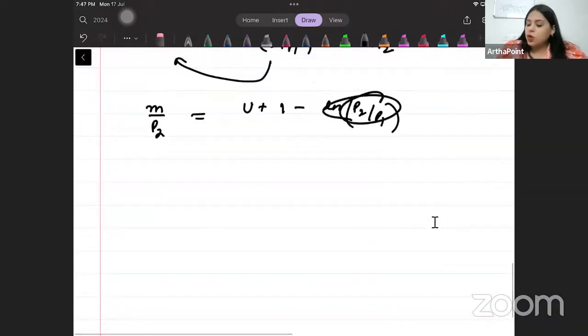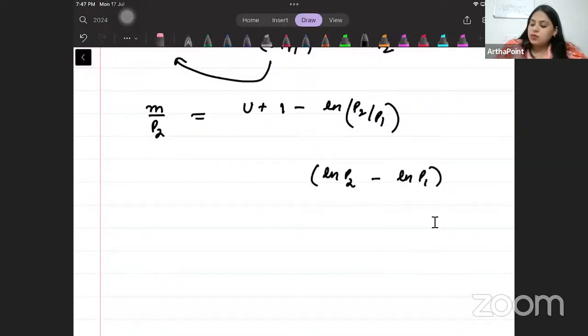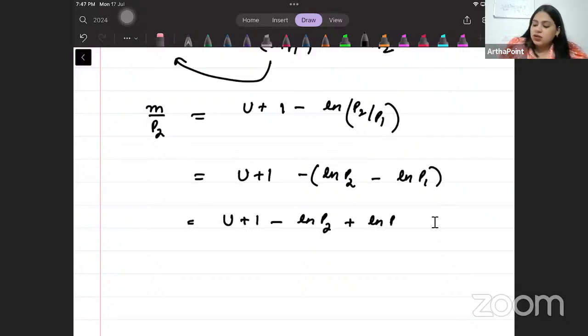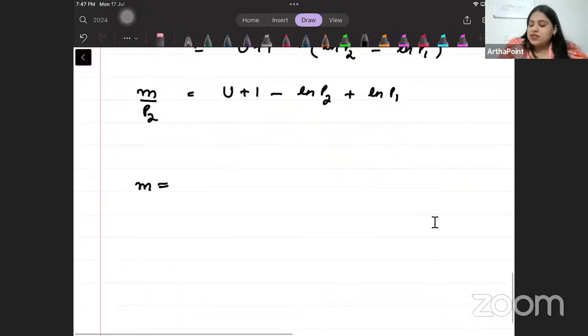Isko open karoge to what will you get? ln P2 minus ln P1. So this will be U plus 1 minus ln P2 plus ln P1. This will be M by P2. So your M will come as U plus 1 minus ln P2 plus ln P1 into P2.